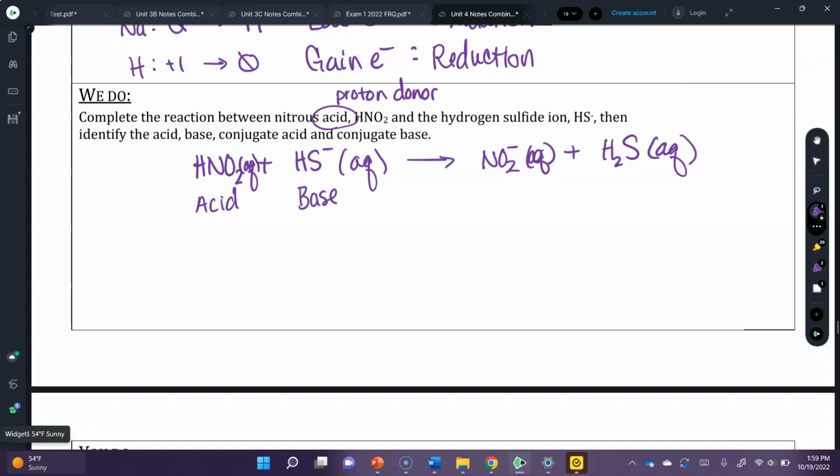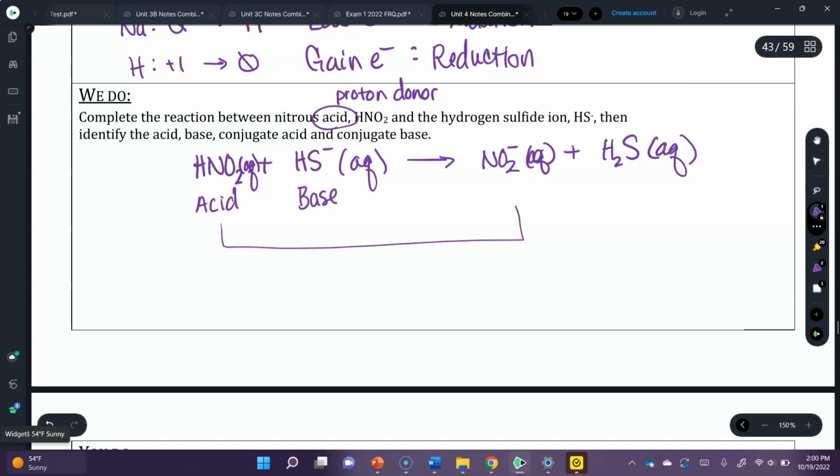That means that it is a base. Partnering these, we see the nitrite ion on the other side. That means that the nitrous acid and the nitrite ion are conjugate pairs. That means that this is its conjugate, and since this is the acid here, that means that it must be the base.